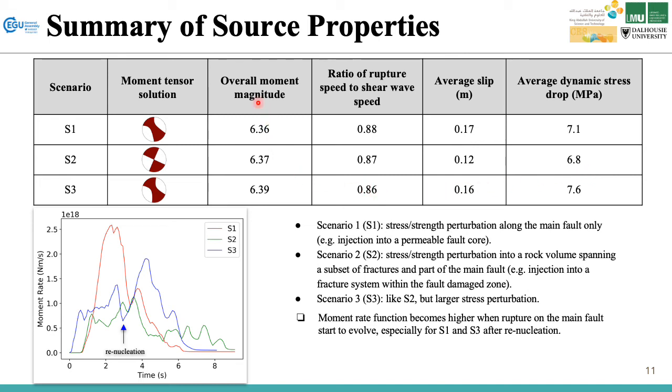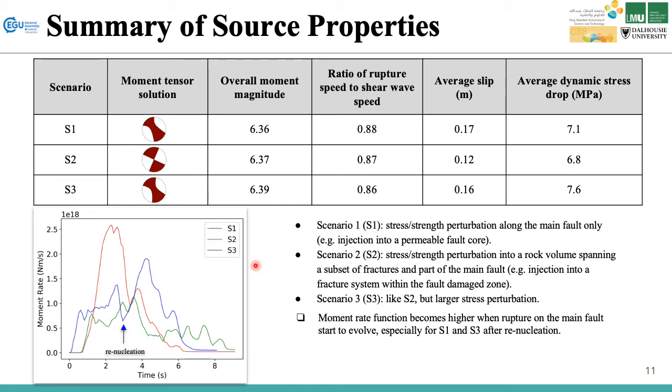The 3 scenarios have very different moment tensor solutions. Scenario number 1 and scenario number 3 produce a non-double couple moment tensor component. Surprisingly, the moment tensor in scenario number 2 produces a double couple solution. From the moment tensor, one can analyze the point source moment rate function for each scenario.